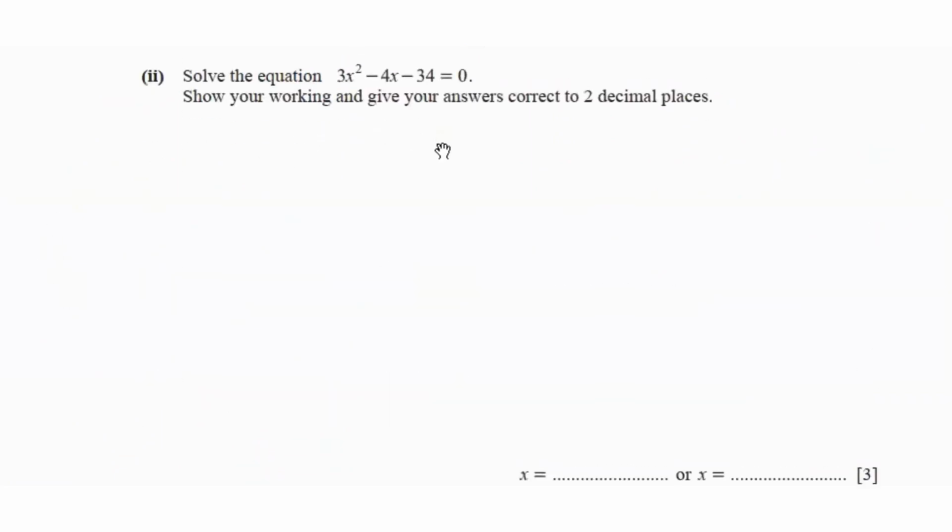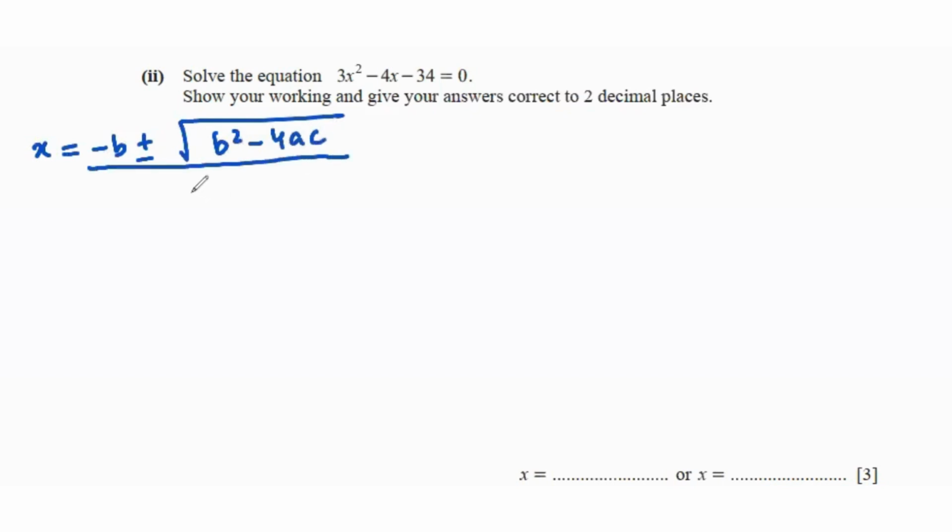Then it says solve the equation and show your working, giving your answer correct to 2 decimal places. So it clearly says that your answer would be in decimals. So we directly use the quadratic formula instead of using middle term breakage. X equals negative b plus minus square root of b squared minus 4ac over 2a.